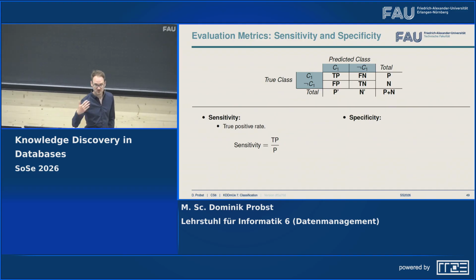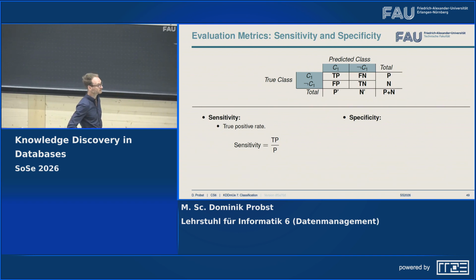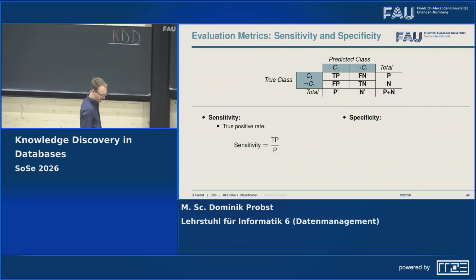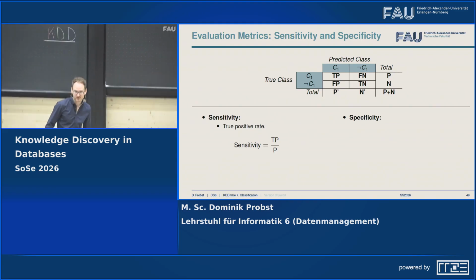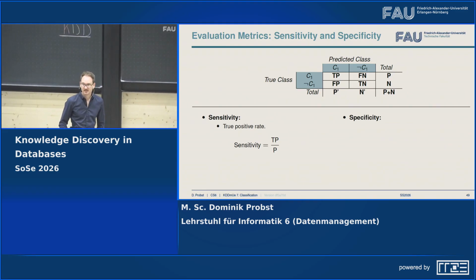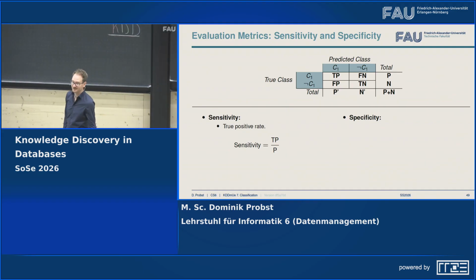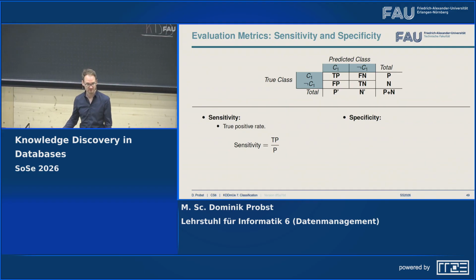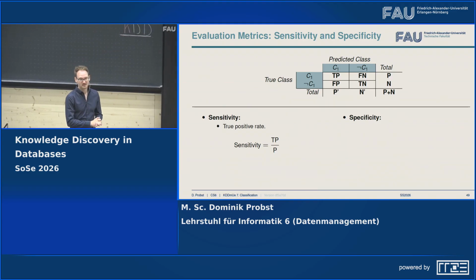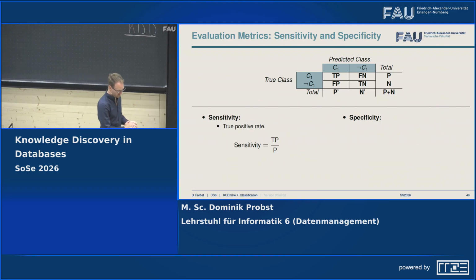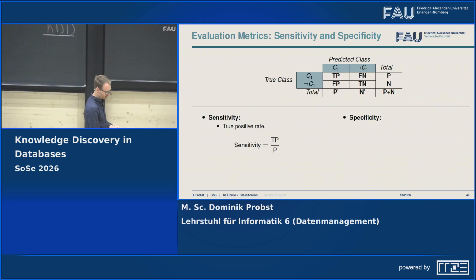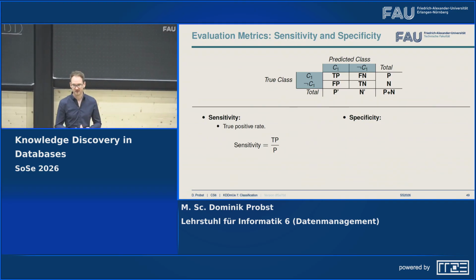Well, especially with a medical test, if you are trying to find coronavirus cases, you try to have a sensitivity of nearly 100%. It's not that important how many false positives, false negatives you have, as long as you have all the positive cases.